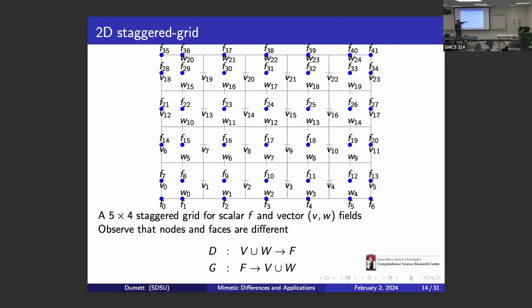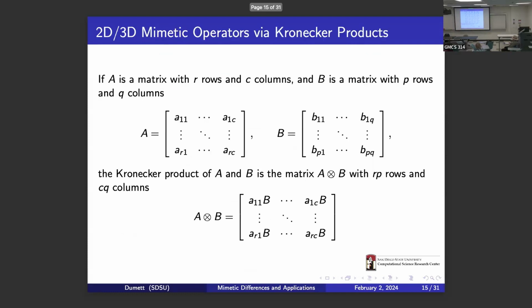This is the first component of the vector field in 2D. That's the second component of the vector field in 2D. Okay? And so the operator B, which is the divergence, runs from nodes to centers, which is all the numbers that are with an index V or W that go to a point that has an index F. And the gradient goes from the centers to the nodes. So it is more elaborate here.